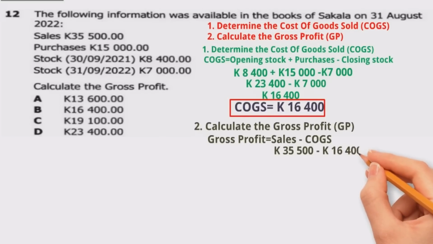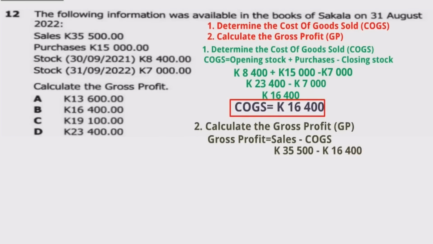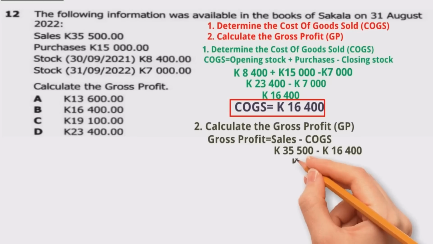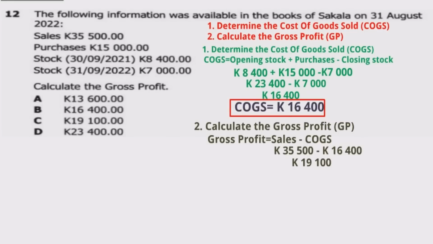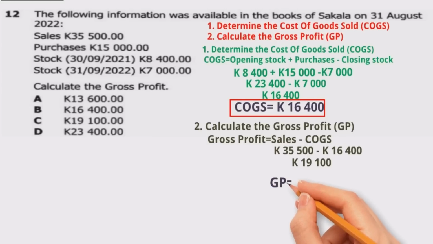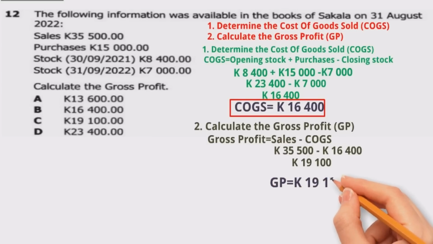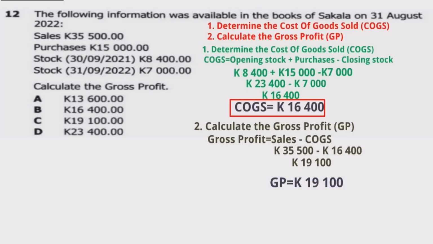When we punch 35,500 minus 16,400 into the calculator, it gives us 19,100. Now 19,100 is the GP, gross profit. So the gross profit is 19,100 kwacha.